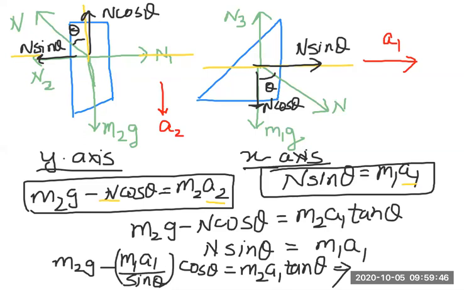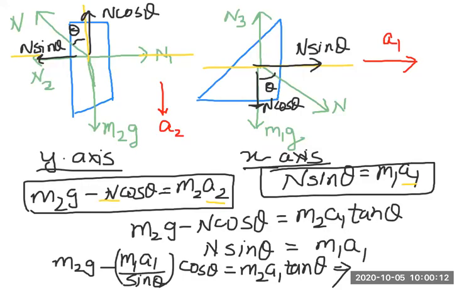I'm just going to write this. M2G is equal to, I can take A1 common. I don't have space here, I'll just do it here.